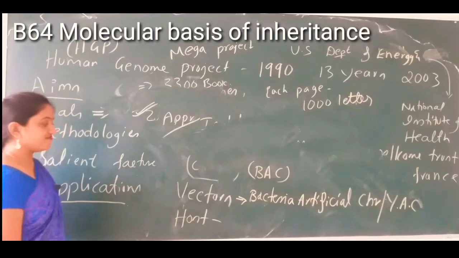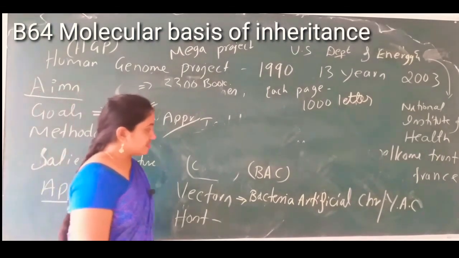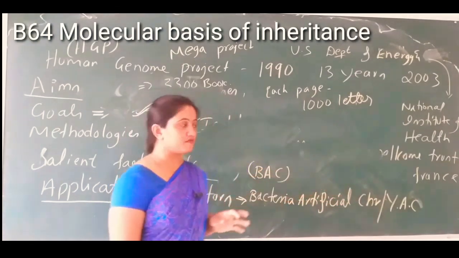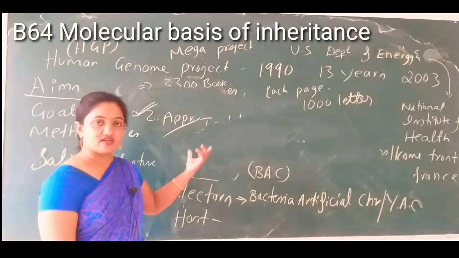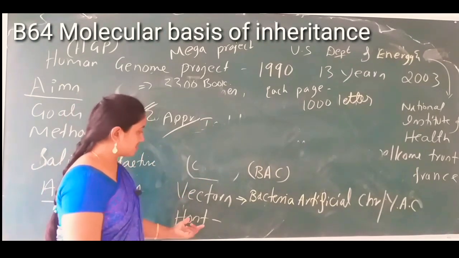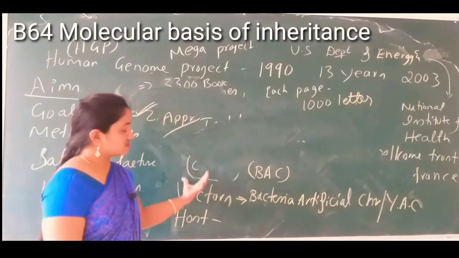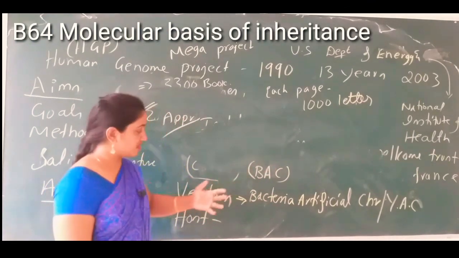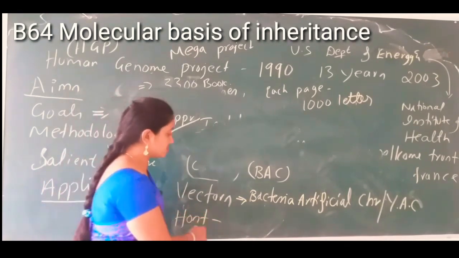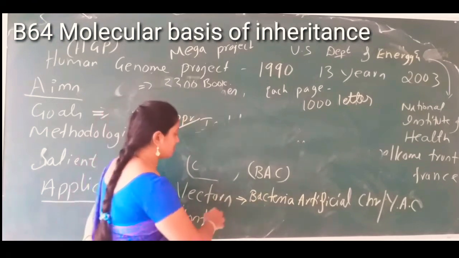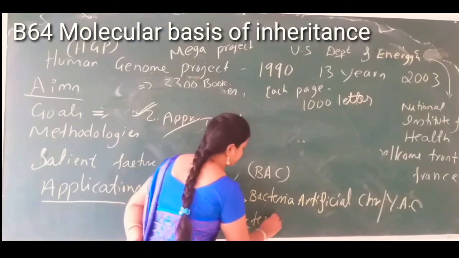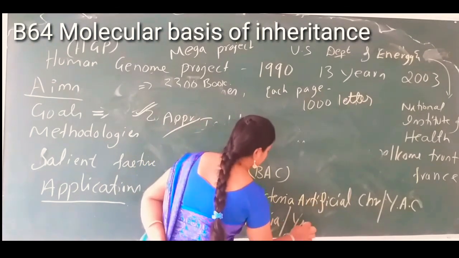They used either of these vectors to carry the DNA fragments isolated from the human cell. Those vectors with the human DNA were put into a host cell. The host cell they selected for this process is bacteria or yeast.